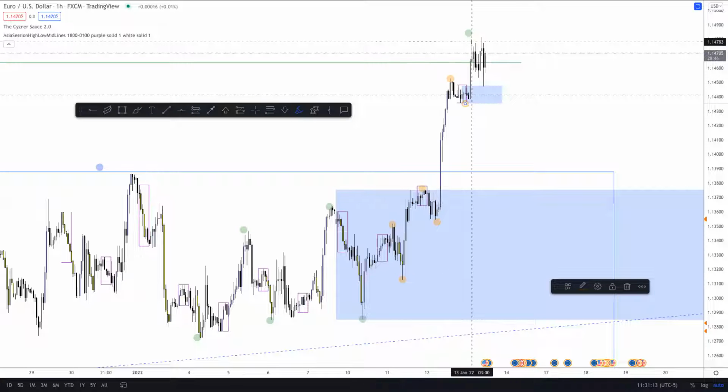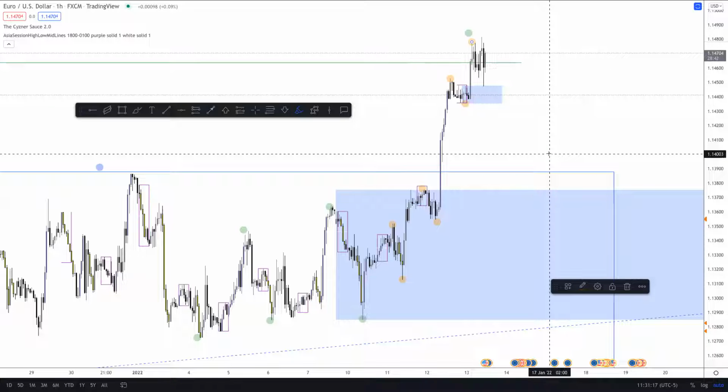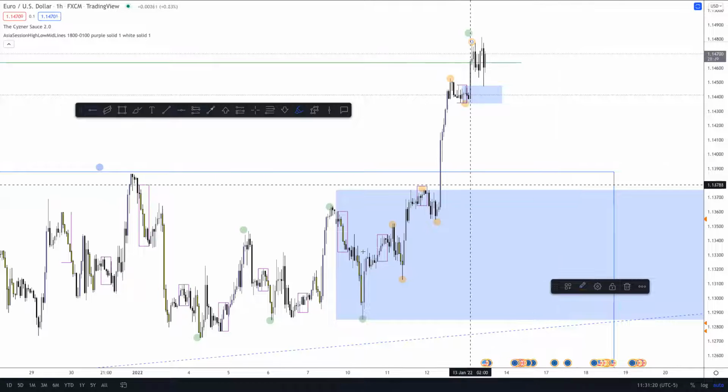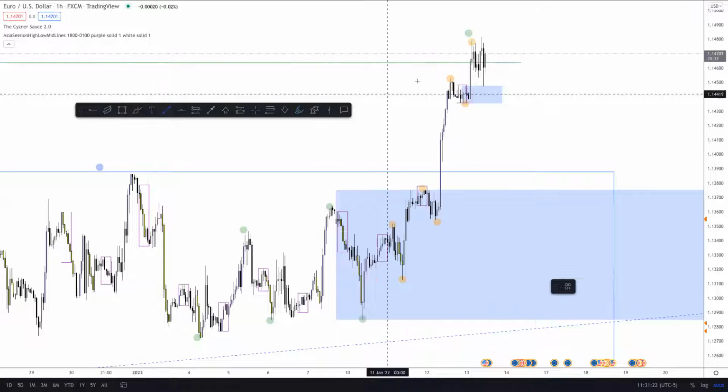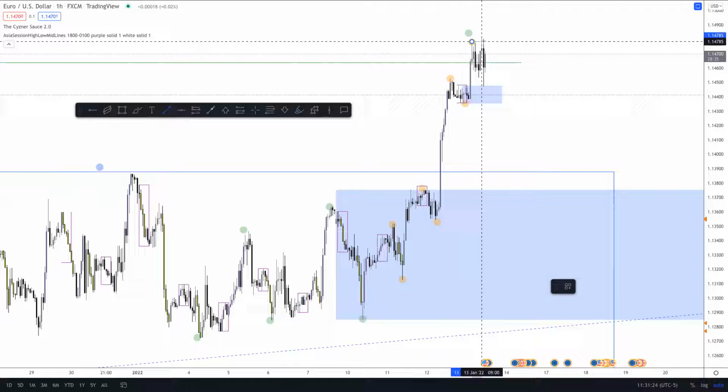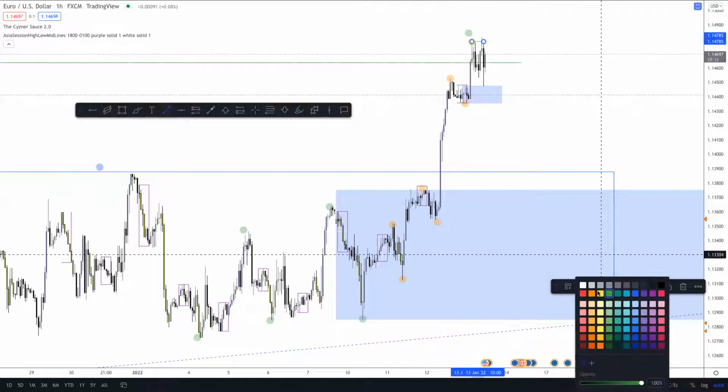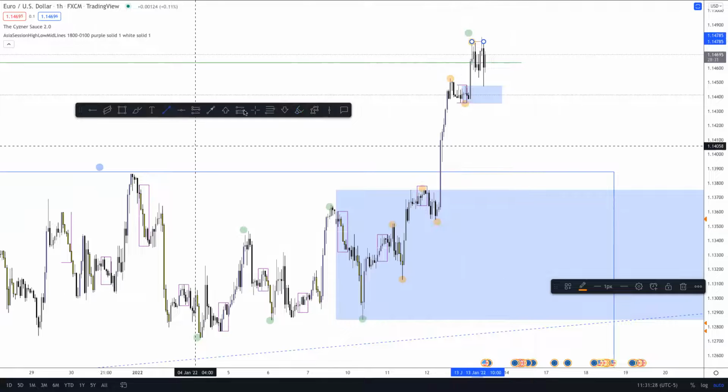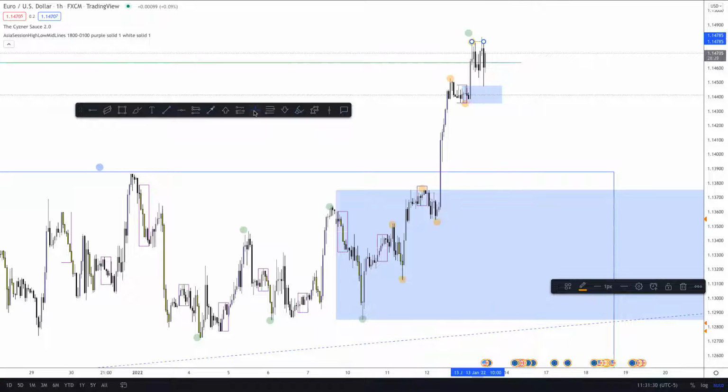And this seems reasonable. Yeah, we can kind of slightly place that high there. It's kind of in between an hourly and 15-minute inducement. We know all these inducements are in here.